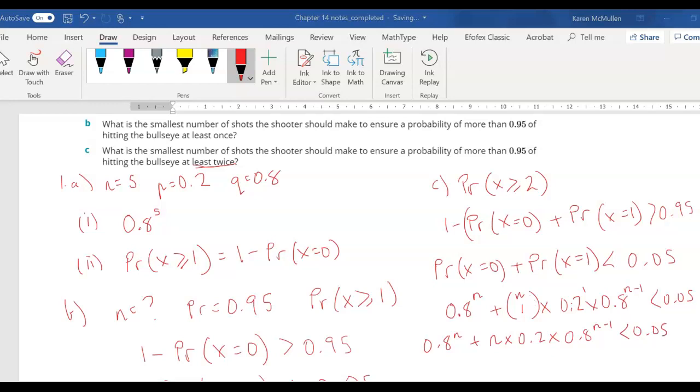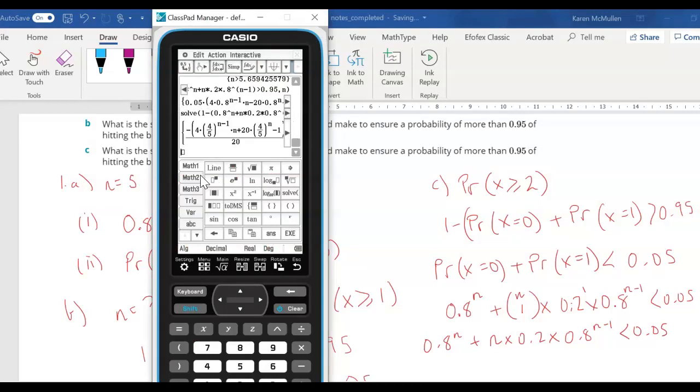Now, I'm going to get my calculator out again. You can see all these attempts I had before. So I'm going to try it again. All right, maybe it was the inequality sign I didn't like. 0.8 to the power of n plus n times 0.2 times 0.8 to the power of, now I'm going to put n minus 1 in brackets.